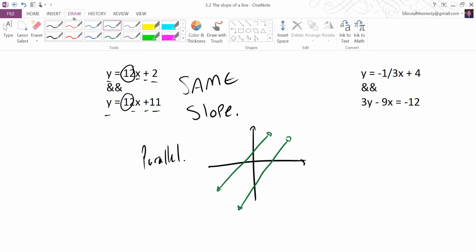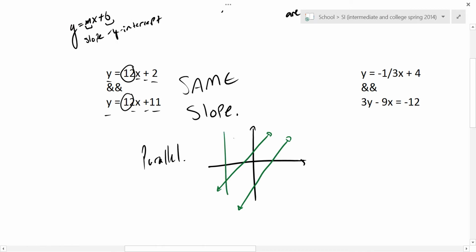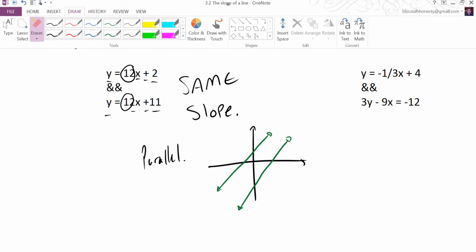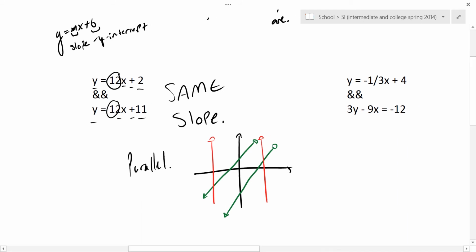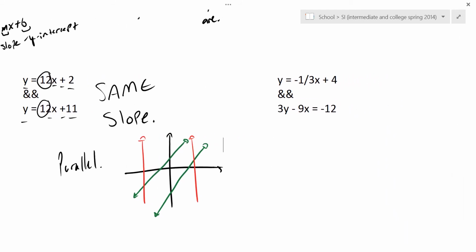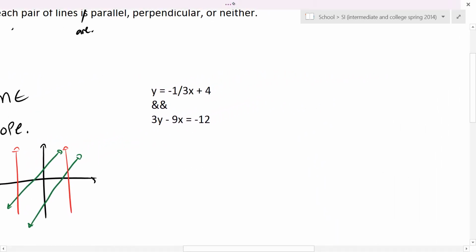So are these lines. So are these lines. These lines, oh, that's green again. I wanted red. These lines are also parallel. They have the same slope. That's really all there is to it. Same slope, they're parallel. Now let's go ahead and take a look at the next example.